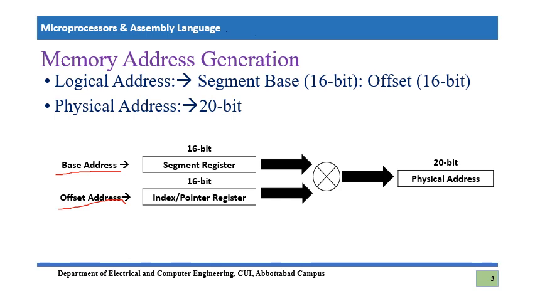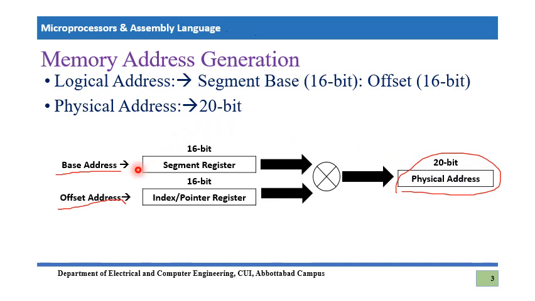Since I told you the base address is stored in a segment register, I have also named it for you, and the offset addresses are stored in an index or pointer register. The contents of both of these 16-bit registers go into this summer, and they are added in such a way that the result is a 20-bit address, which is the desired physical address of the memory location.